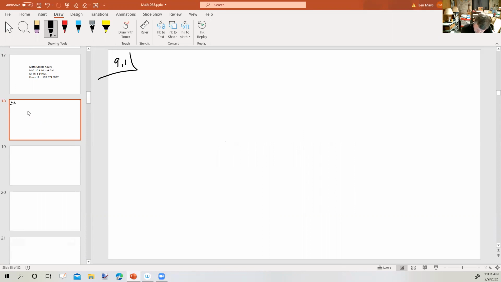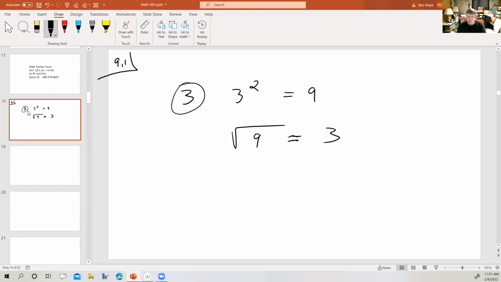If you have a number, let's say 3, and you square it, you get what's called a perfect square. That is a number that has two identical factors. If you take the square root of a perfect square, you get back to the original number. What does it mean to talk about somebody's roots? It's not talking about their hair necessarily, but talking about their beginnings, where they came from.